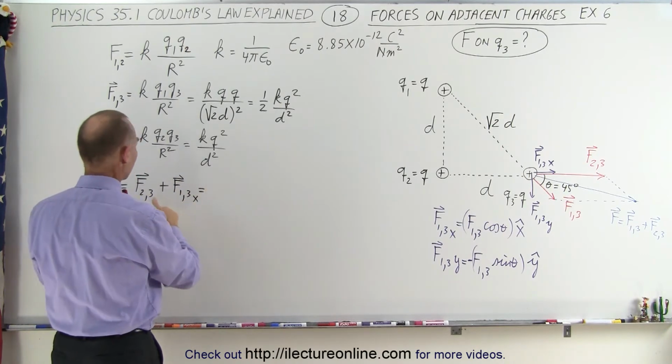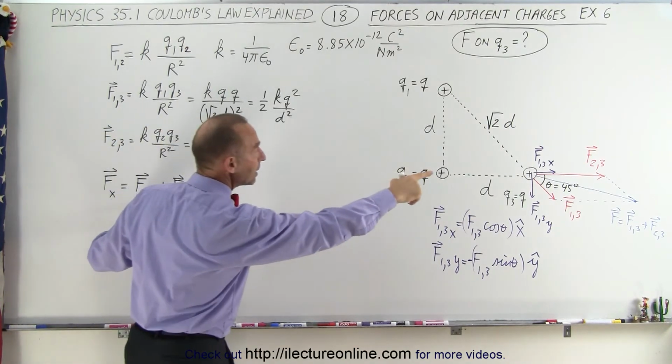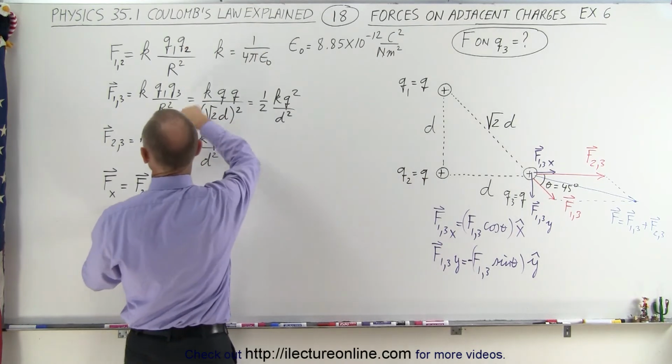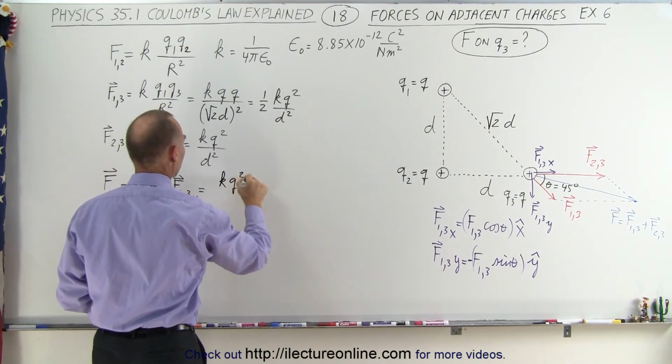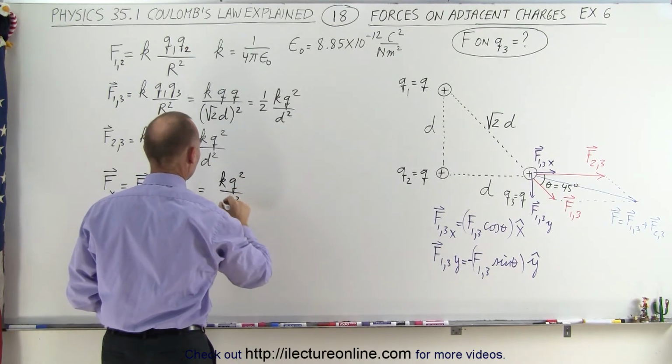In this case, the magnitude of F23 is right here, so that would be kq squared over d squared.